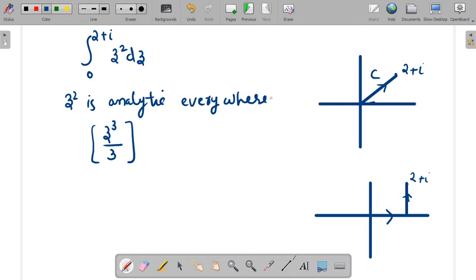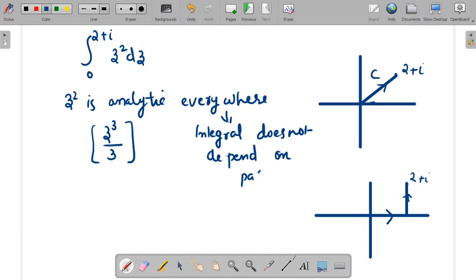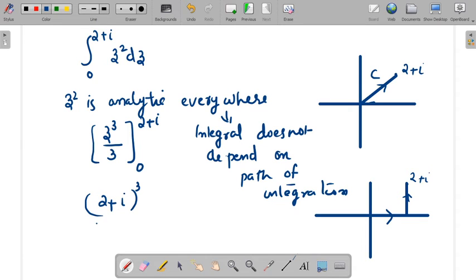As it is analytic, you can say that the integral does not depend on the path of integration. So we just evaluate the integral, which is z cube by 3, at the end point. So what we get is 2 plus I whole cube by 3 as the value of this integral.